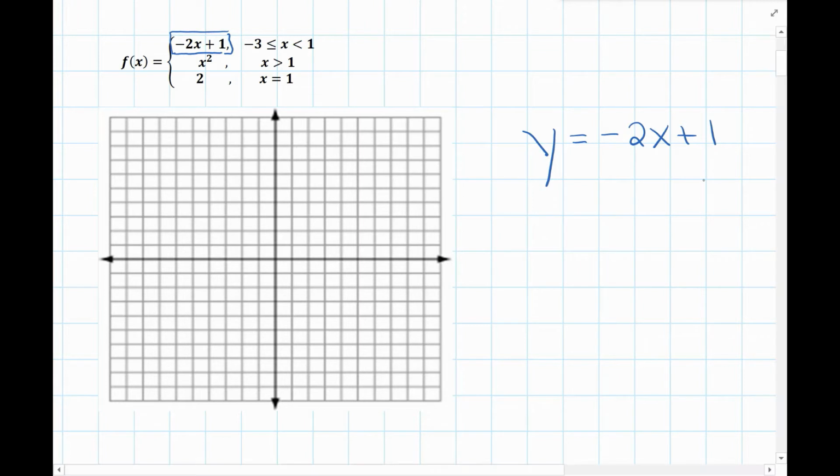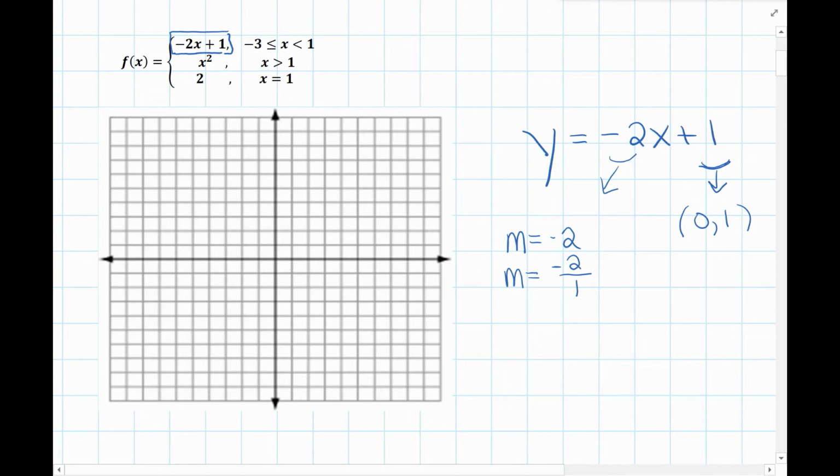So the way you graph a line is you first plot the y-intercept. In this case, your y-intercept is going to cross at 1. And then you need to use the slope. The slope in this case is -2. And you need to use the slope to get an additional point. -2 is the same thing as saying -2/1.